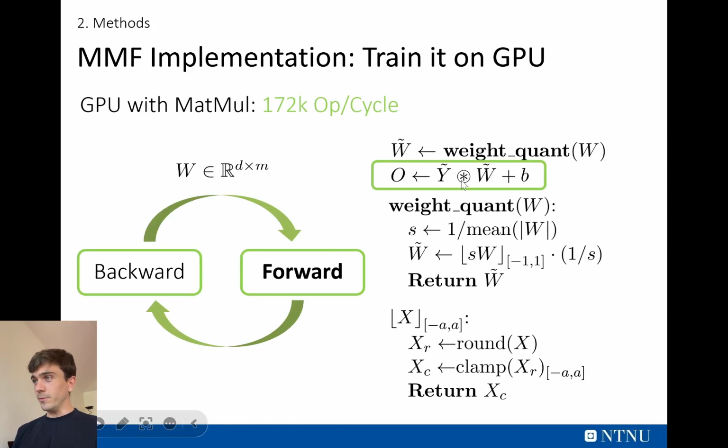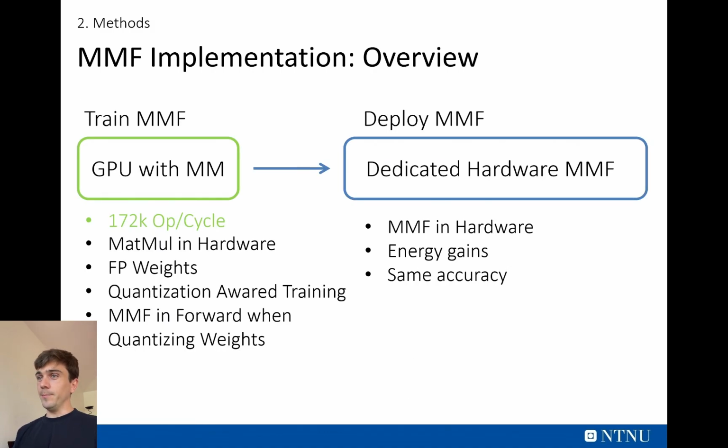When you compute this multiplication here, you are using the GPU and the matrix multiplication from the tensor cores. So at the hardware level, it's not matmul-free. However, you are training with ternary weights, which later, when the training process is finished and you map it into the dedicated hardware, then will come the real matmul-free at the hardware level.